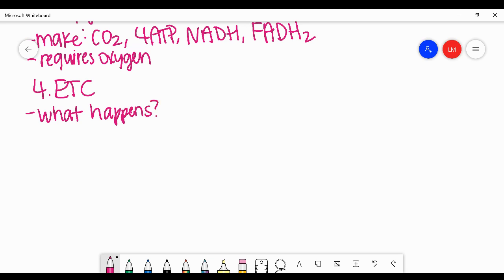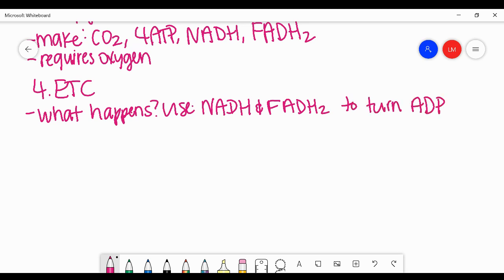We are going to use NADH and FADH2 to turn ADP, which is our adenosine diphosphate, into ATP. And then ATP will be used for lots of different things. So it could be used for cell transport. It could be used for cell signaling. Lots and lots of different options there.